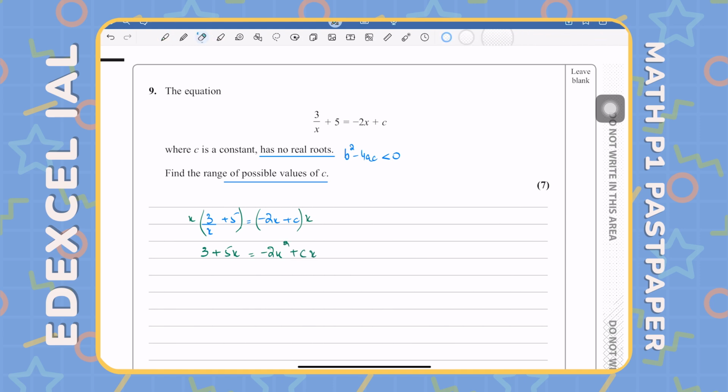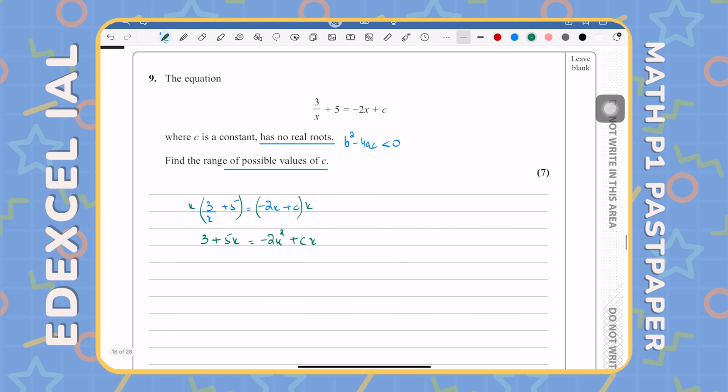Okay, let me just write this nicely. Minus 2x squared. Now let's write it like a quadratic equation should look like, that is x squared first, then all the x's, and then the constant. So I'm going to move minus 2x squared to the left hand side so that it can be positive. So 2x squared plus 5x, since that's already positive, minus cx plus 3.